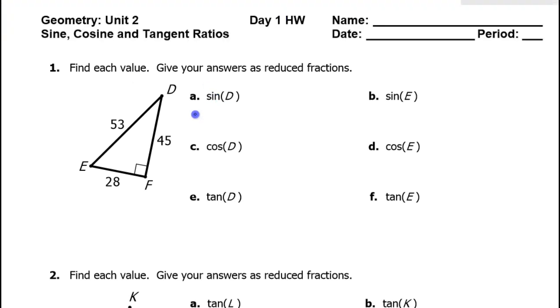So from the perspective of angle D, of course the 53 is the hypotenuse no matter what. The 28 is opposite, because that's across from angle D. The 45 is adjacent because it's right next to angle D. So sine is opposite over hypotenuse, so that's going to be 28 over 53.